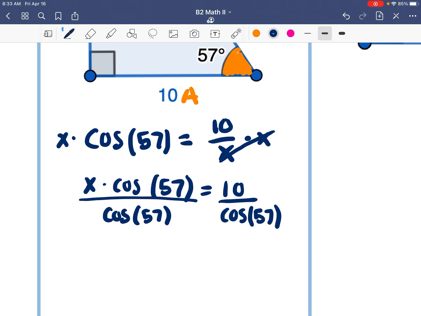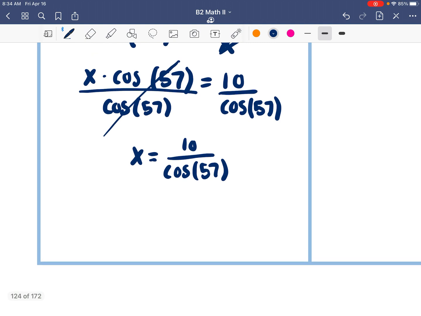So that means we can divide both sides by it, and that cancels that, and we get x equals 10 divided by cosine of 57, which then we'll just plug into a calculator. So 10 divided by cosine of 57 is 18.36.